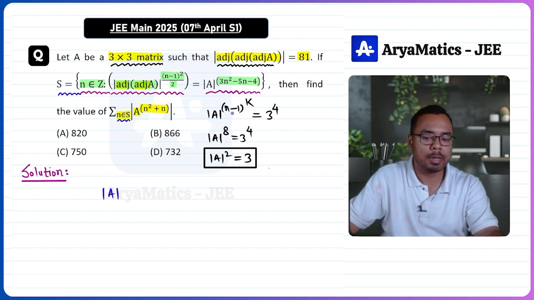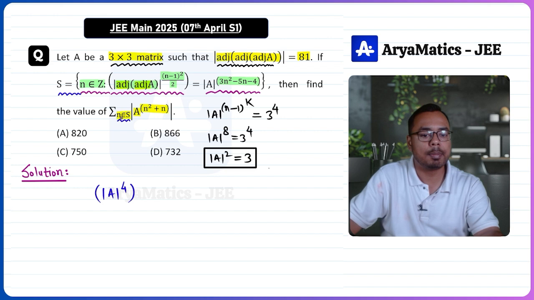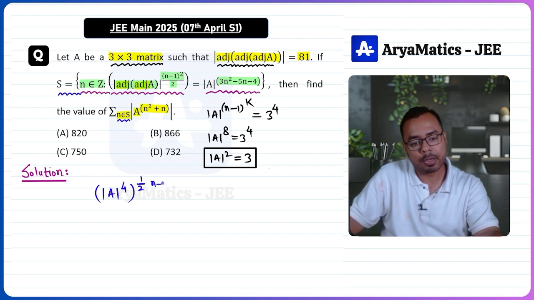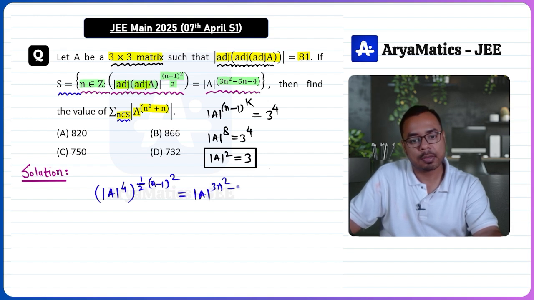So n minus 1 will be 2 and 2 raised to 2 will be 4. So determinant of adjoint of A for this 3 cross 3 matrix will be determinant of A raised to 4, and this raised to 1 by 2 into (n minus 1) square. And on the right hand side we have determinant of A raised to 3n square minus 5n minus 4.